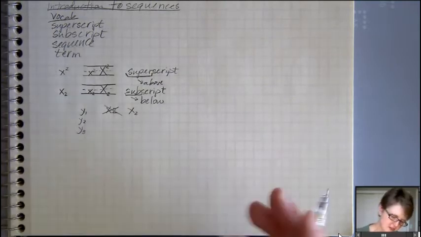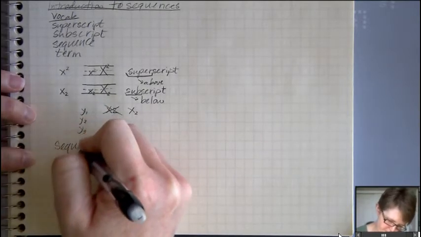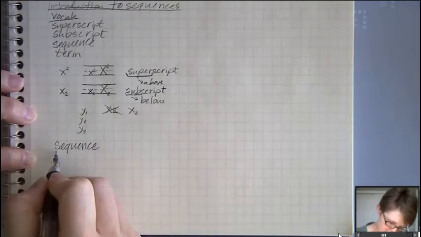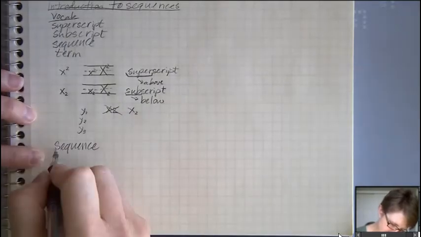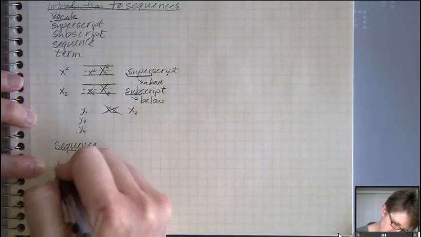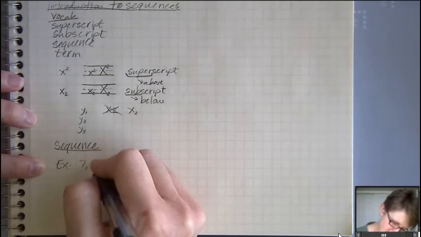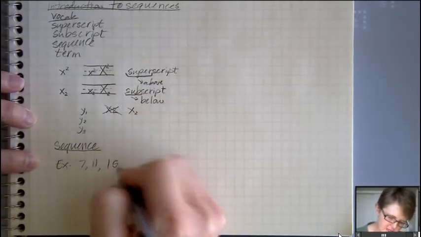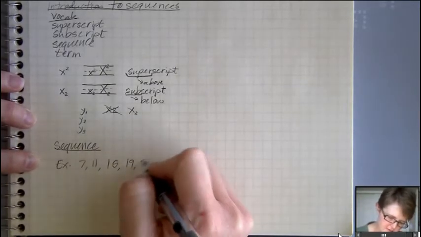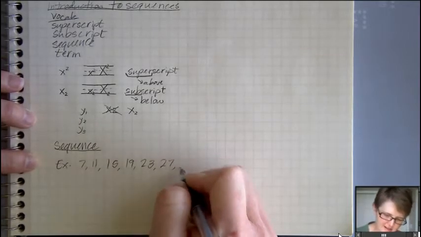So an example of a sequence is going to be, let's do for our example, 7, 11, 15, 19, 23, 27. You probably get the pattern, and you can go on and on.